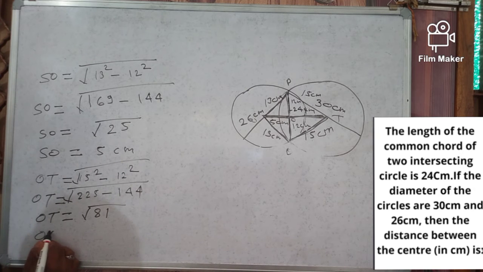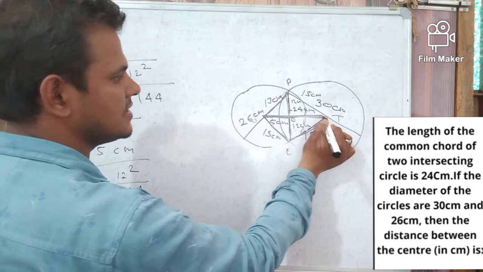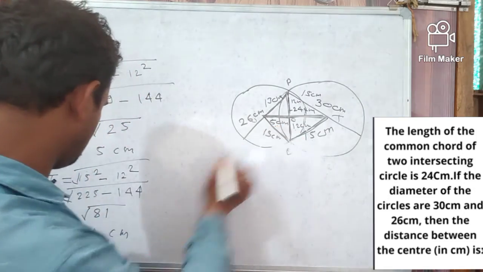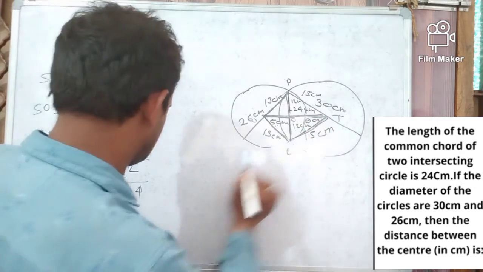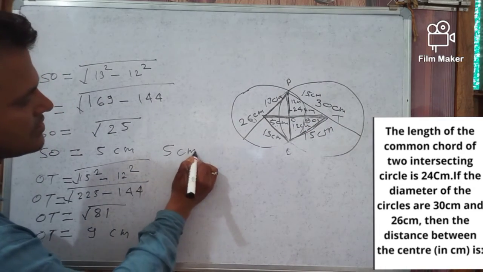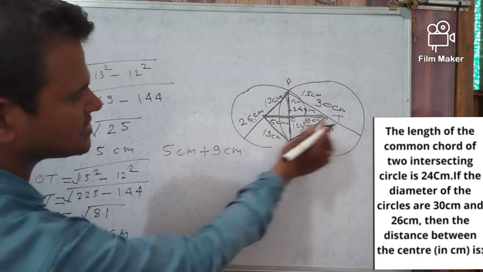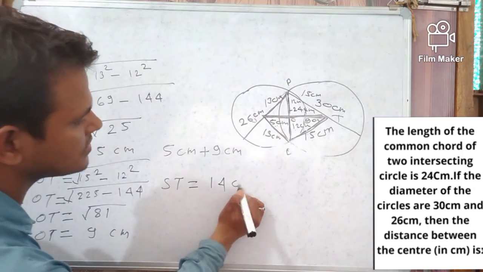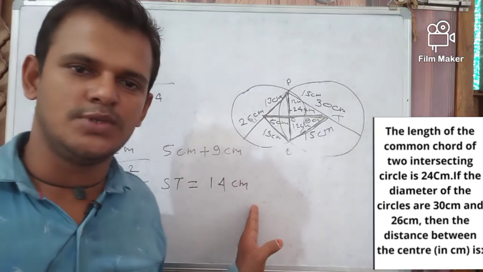So OT is equal to 9 centimeter. So we need the total from here to here, so 5 centimeter plus 9 centimeter. So ST is equal to 14 centimeter. So 14 centimeter is the answer of this question.